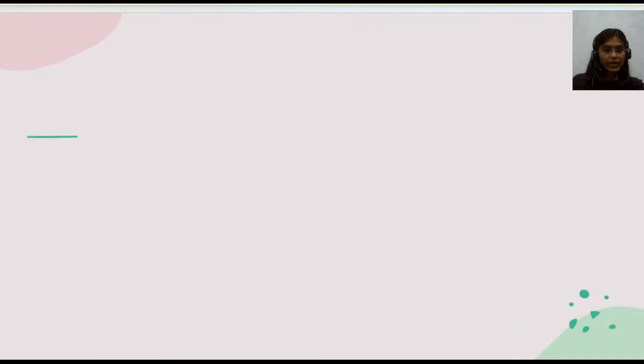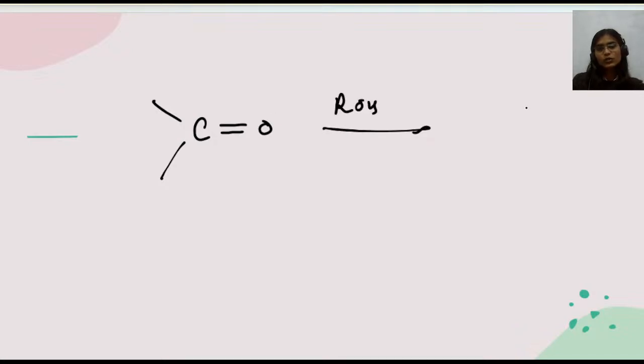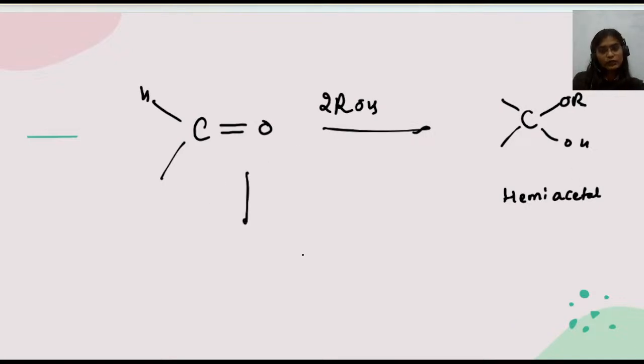If you remember acetal and ketal, quickly let me give you: if you have a double bond and you use an ROH group, then an OR group forms along with an OH group. It is known as a hemiacetal. If you are using an aldehyde it is a hemiacetal, with ketones it becomes a hemiketal. And if I use 2 moles of ROH, it becomes OR and OR, and that is an acetal. Now here we are dealing with the hemiacetal.